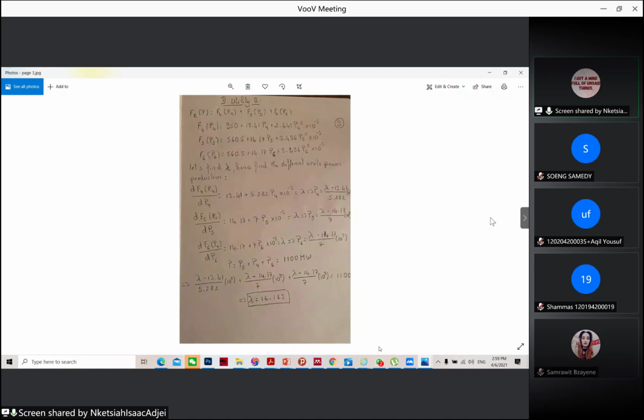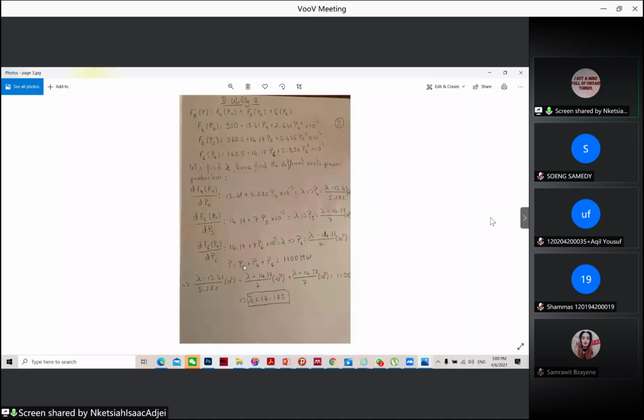And this, as we see, we have the differential of the differential. So we have 13.41 plus 5.282 under the fourth area that we are looking for, and this will give us this calculation.